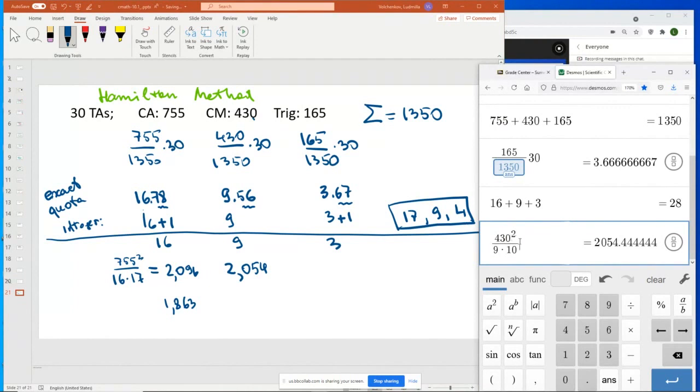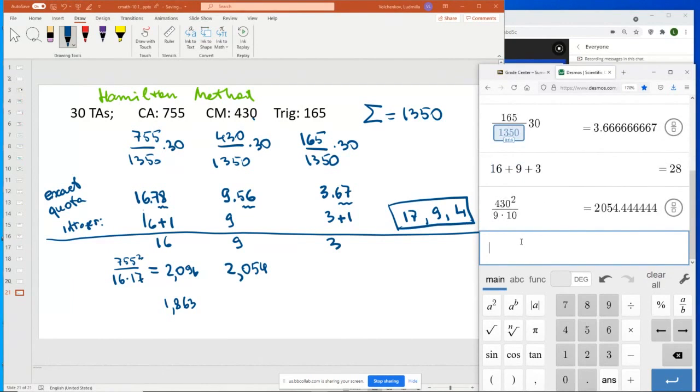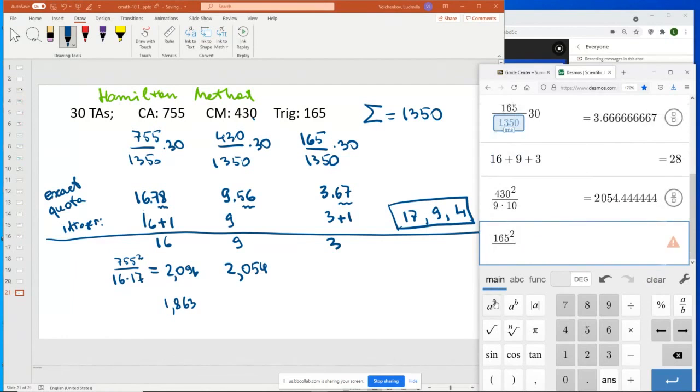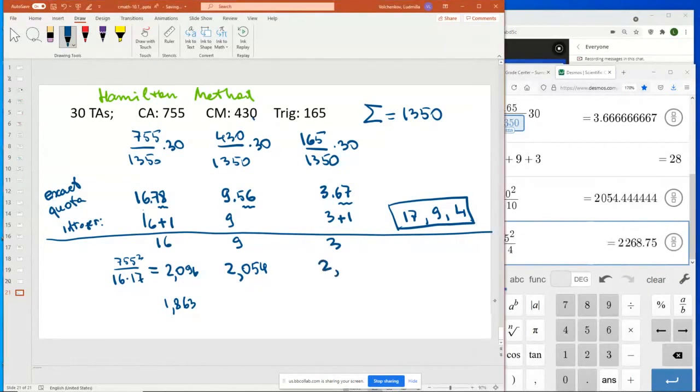And the last one, 165 squared divided by the present representation, 3, the current number of TAs, multiplied by the future, 4. And we get 2,269. According to the HH method, the greatest Huntington-Hill number is for trigonometry, so trigonometry gets plus 1.